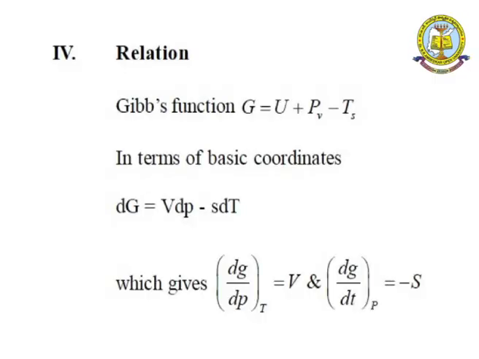So we have to consider the Gibbs function, G equals U plus PV minus TS. By differentiating this equation, dG equals VdP minus SdT. In the same manner, (∂G/∂P) at constant T equals V, and (∂G/∂T) at constant P equals minus S.